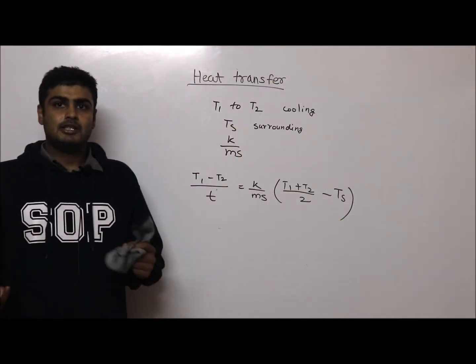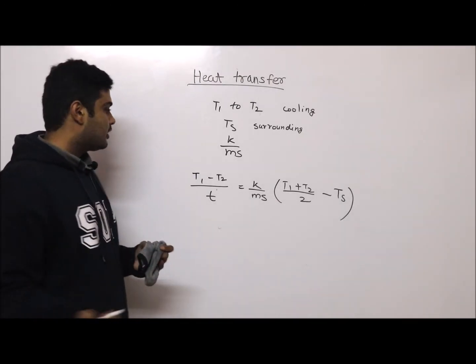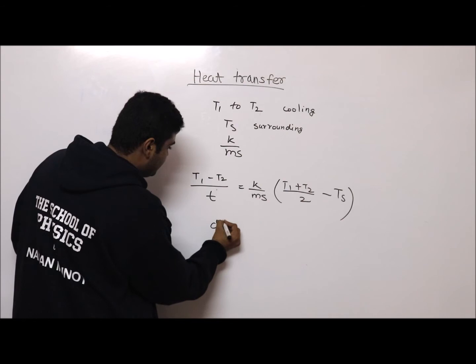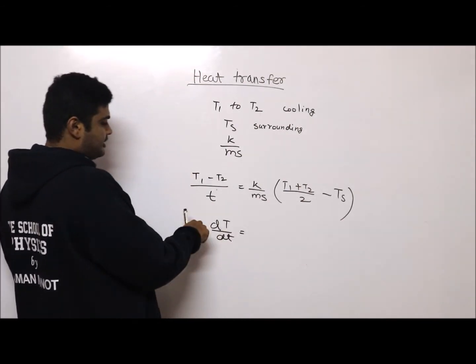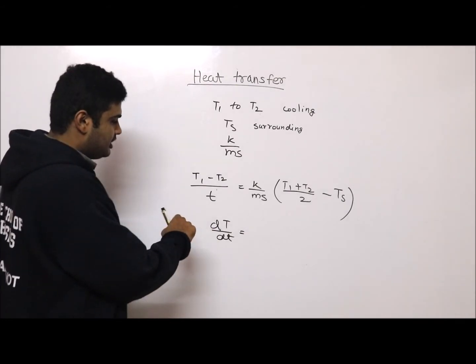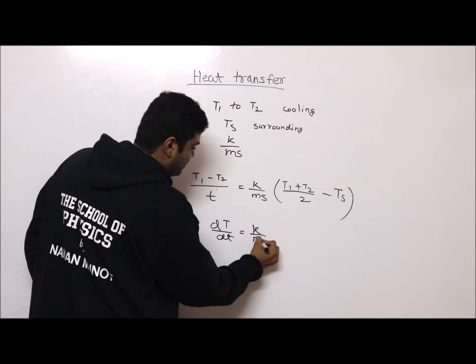Or in terms of differentiation and integration, we will write it in terms of calculus. dT by dt, that is change in temperature upon change in time, is equal to K by ms times (T minus Ts). The values of K, M and S will be given.